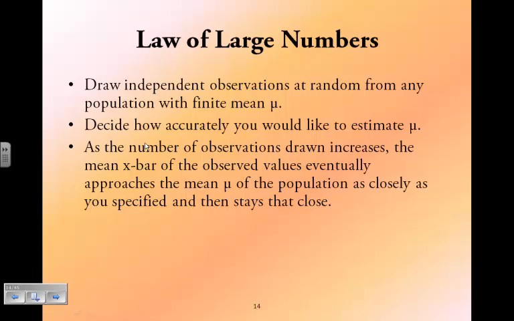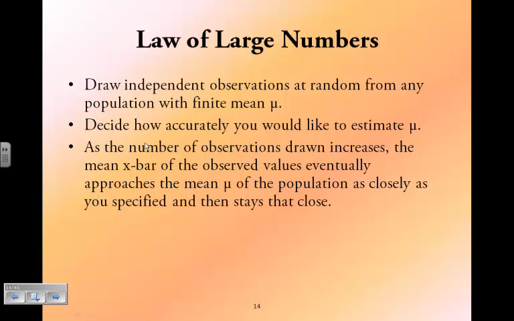If you draw independent observations at random from any population with a finite mean mu, meaning something not infinite, it actually has a concrete mean, decide how accurately you would like to estimate that mean, and as the number of observations drawn increases, the mean x bar of the observed values will eventually approach the mean mu of the population as closely as you specified, and then will stay that close. It will never get any farther away than that.